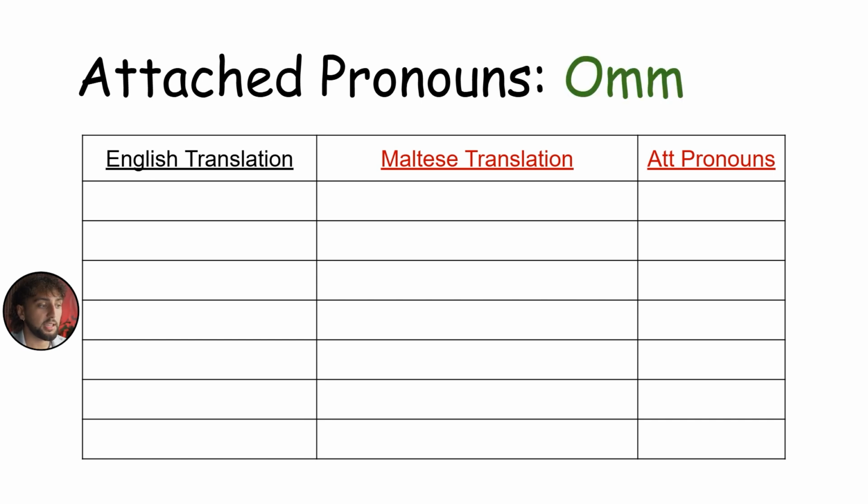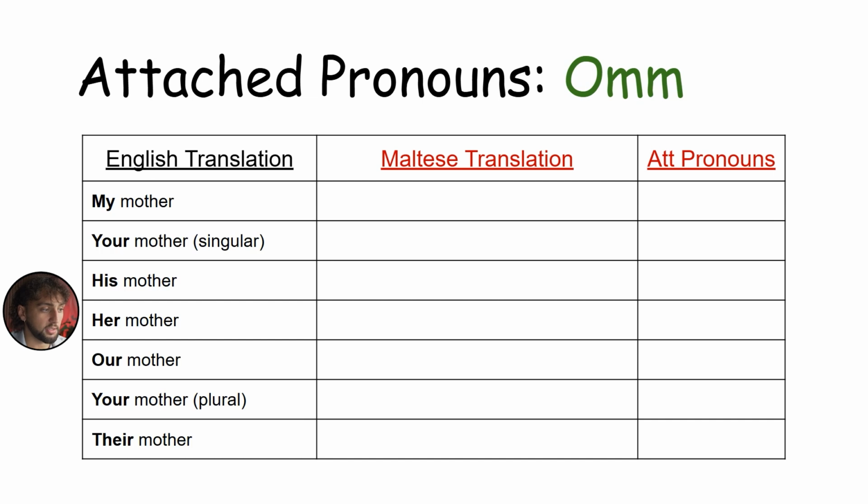You see, in Maltese, they don't use two words like we do in English to describe possessions, because instead they add these attached pronouns in bold to the words instead. Let me show you what I mean.